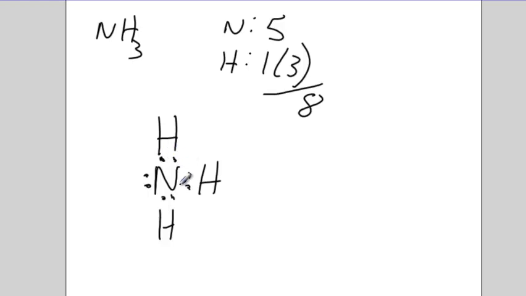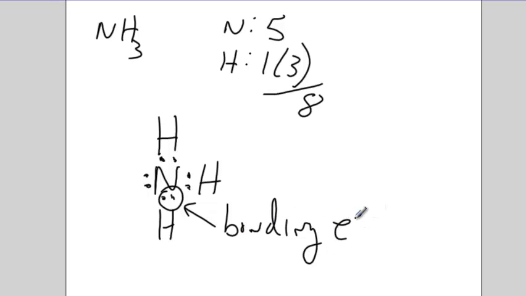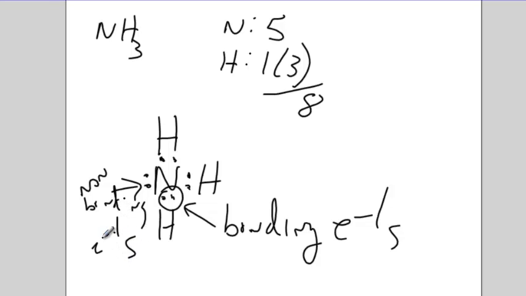So these electrons here, once again, that are between the N and the H, those are the bonding electrons. They are the ones being shared. Okay? Bonding electrons. This guy over here, those are non-bonding electrons.